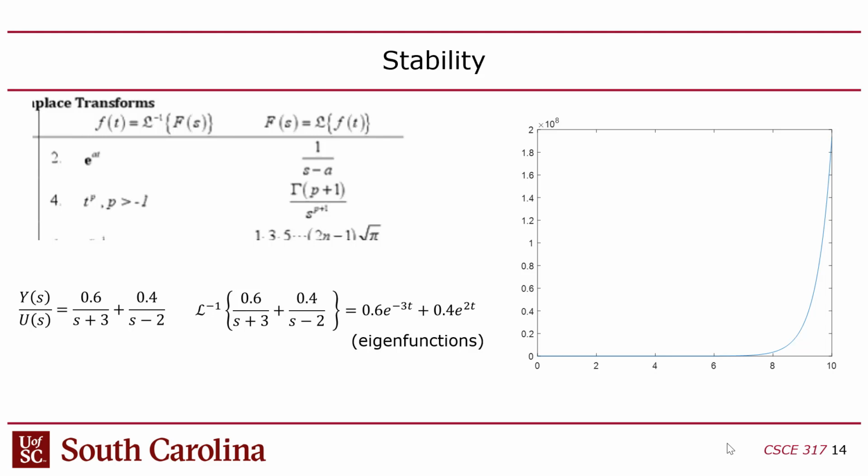This is why we didn't arrive back at the original equation, because we were using the transfer function. I just took the transfer function and converted it directly into the time domain, which you can do because the impulse is just a 1. If I wanted to look at the step response, I would have had to do the same thing, but I think multiply it by 1 over s first.